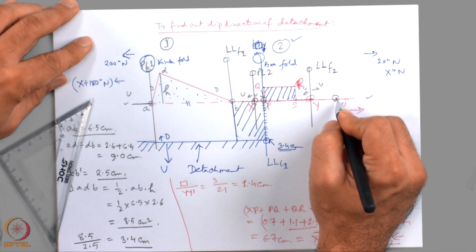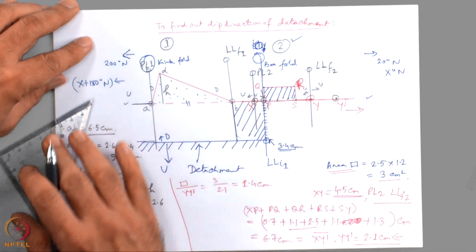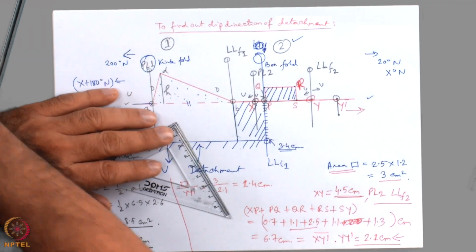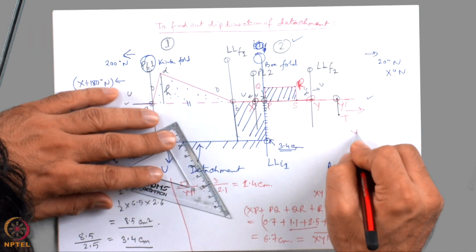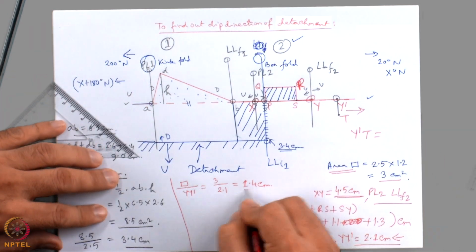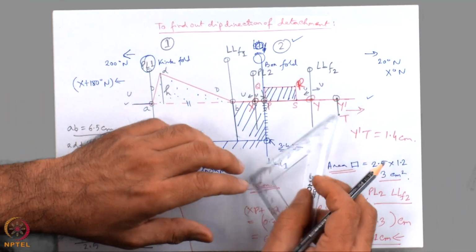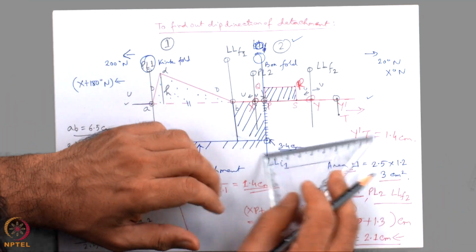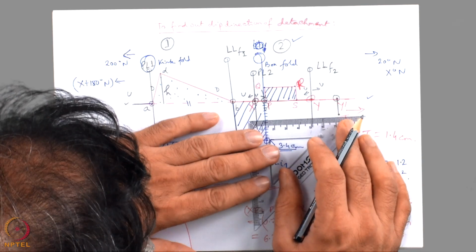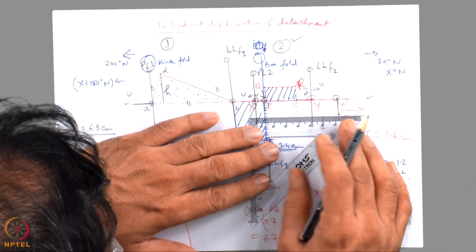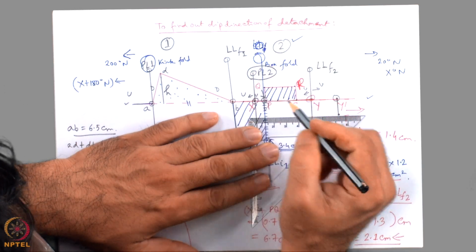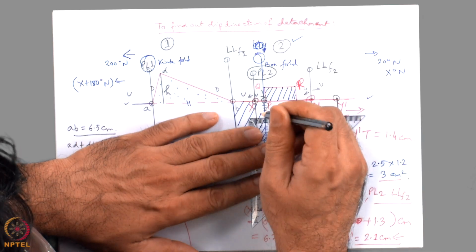From Y dash I have to draw a 1.4 centimeter long line, which is perpendicular to Y dash. Call it point T. So, Y dash T is equal to 1.4 centimeter. Now, I will draw a line parallel to this red line and passing through point T, and I will draw up to the pin line 2, that means up to this much.